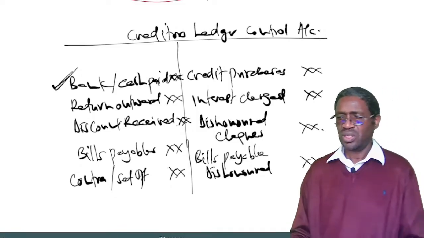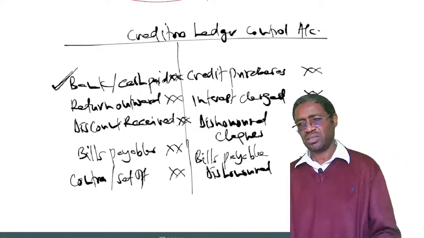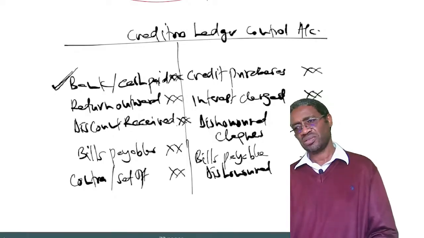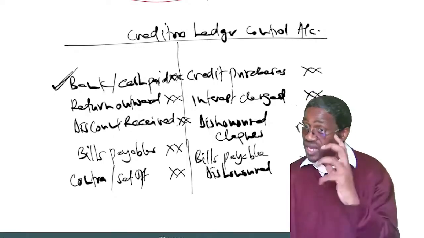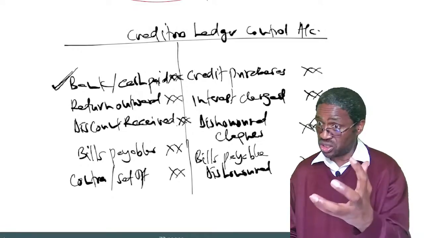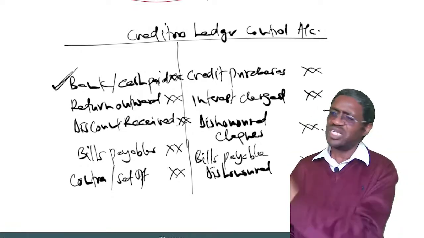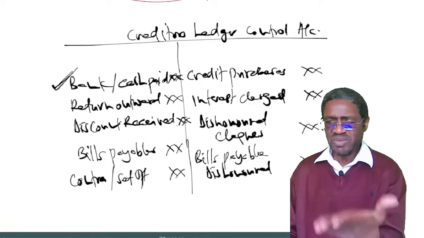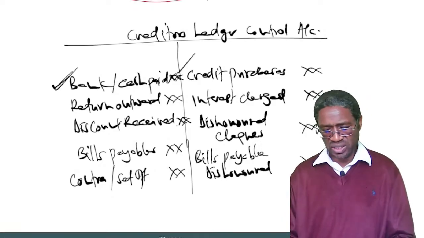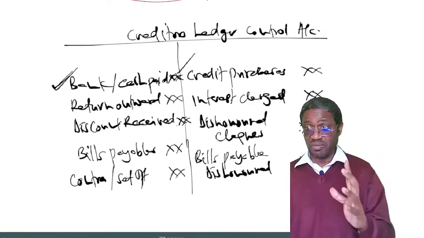You paid them by check or by cash, and the double entry is you credit bank, obvious, you debit creditors. That's what you did, whatever the amount.